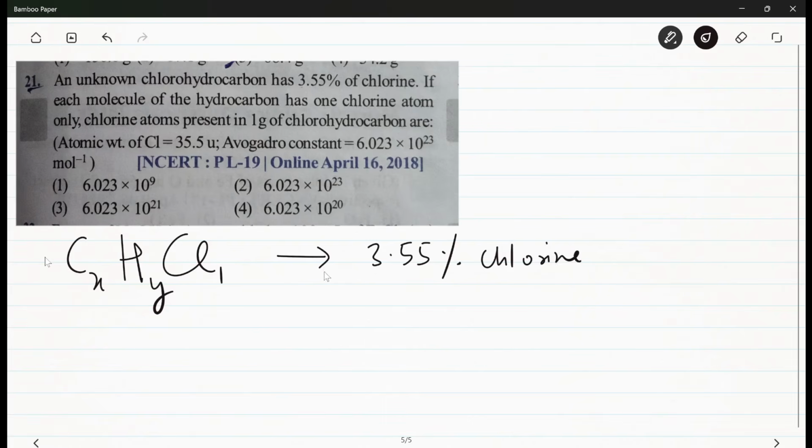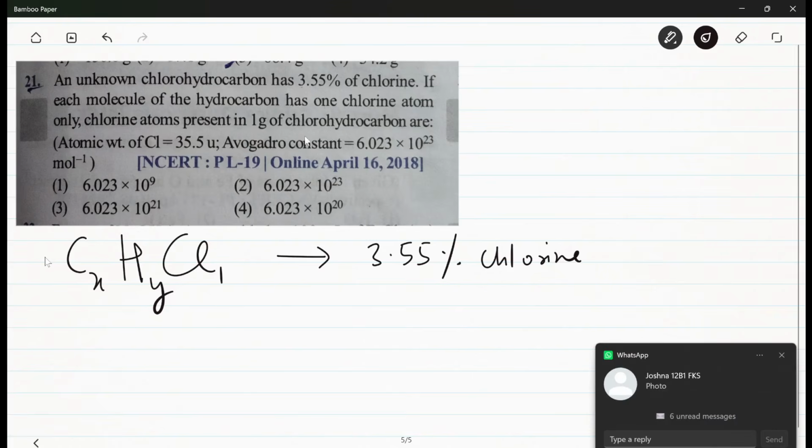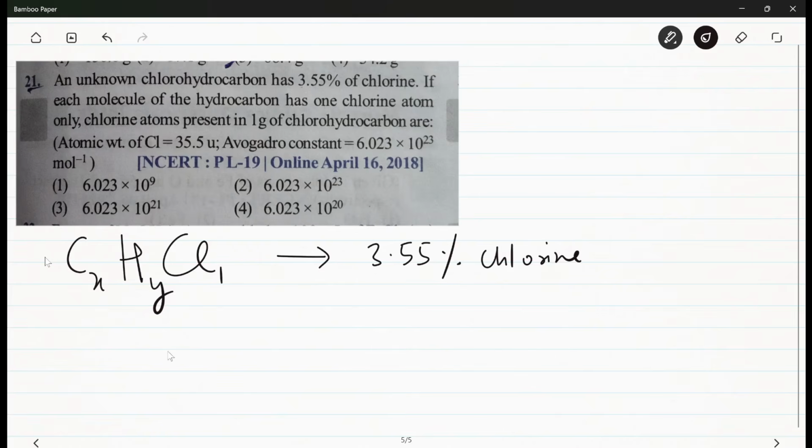If each molecule of hydrocarbon has one chlorine atom only, find the number of chlorine atoms present in 1 gram of the chlorohydrocarbon. Okay, what happens in this 1 gram of the compound? How much percentage is 3.55? So what would be 3.55% of 1 gram?